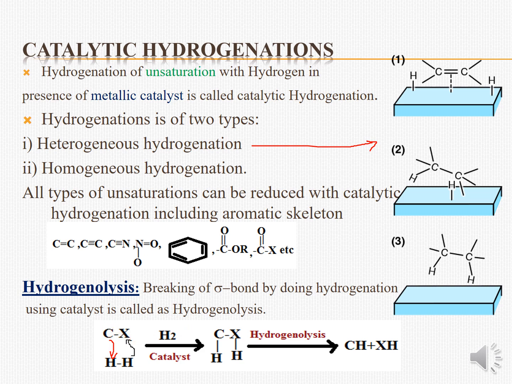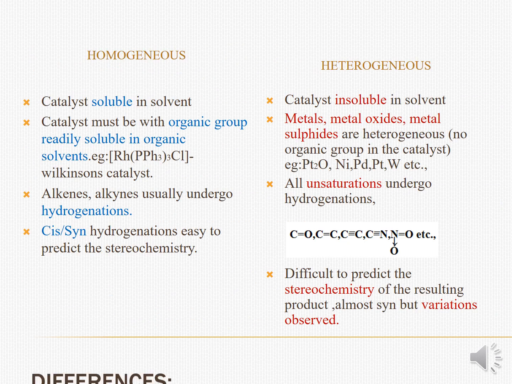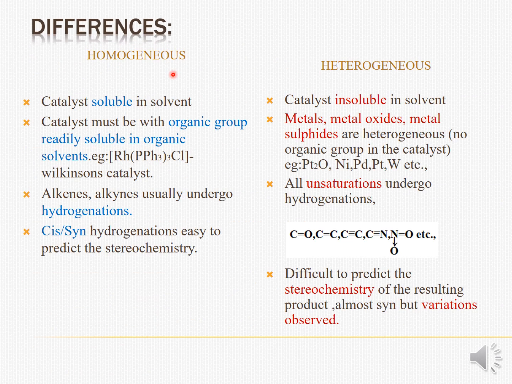Okay, that is your hydrocarbons formed. Here you can satisfy the carbon atom by adding the bonds, in homogeneous and heterogeneous catalytic hydrogenation. This homogeneous is nothing but the catalyst which is soluble in the solvent, and in the heterogeneous it is insoluble in the solvent.